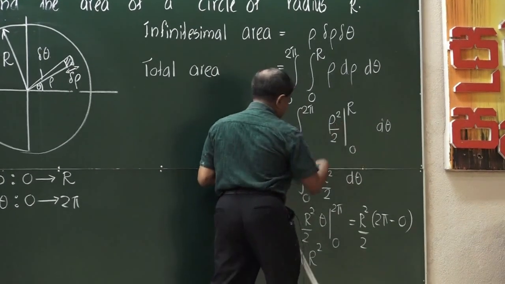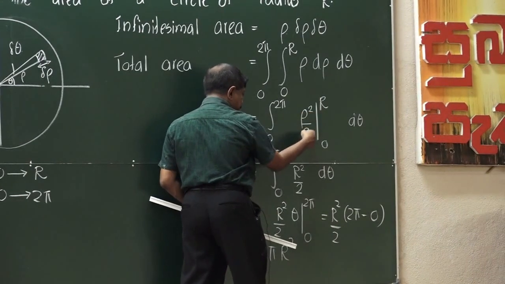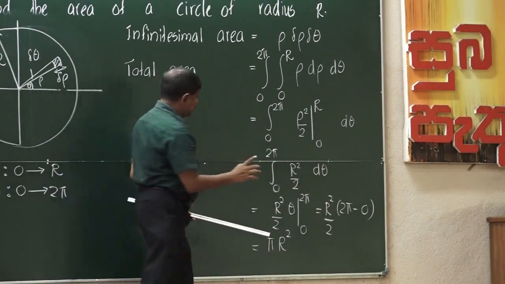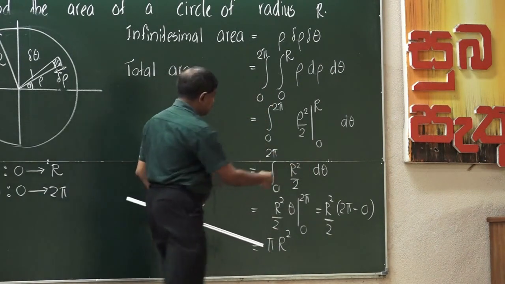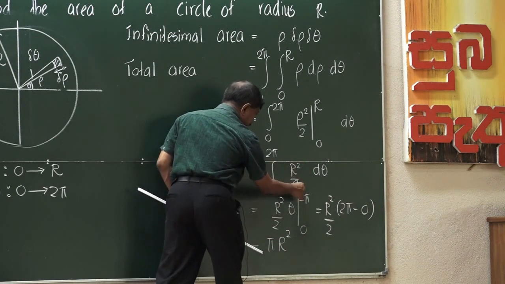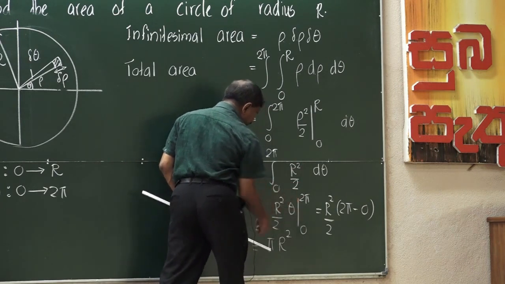Now, when you plug in limits, you get r squared over 2 minus 0, so I ignored it. Now, this is what you have as your integrand. Theta is the variable of integration. This is a constant, so r squared over 2 times theta is the answer.